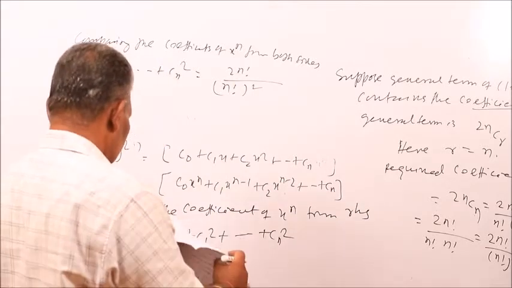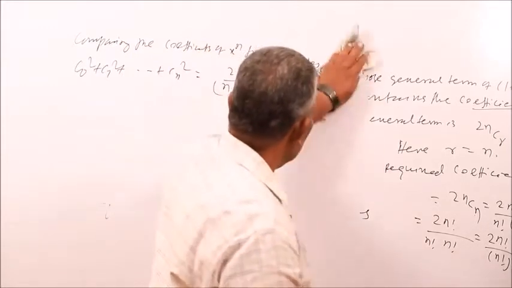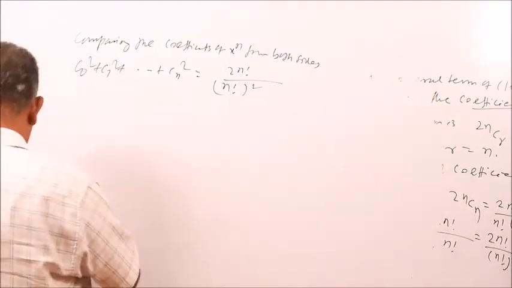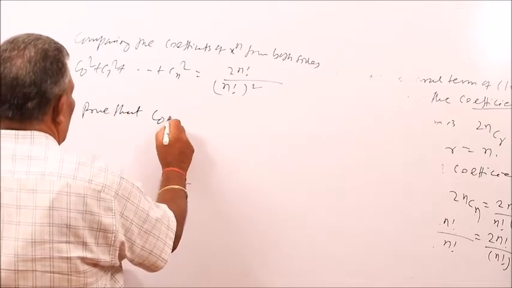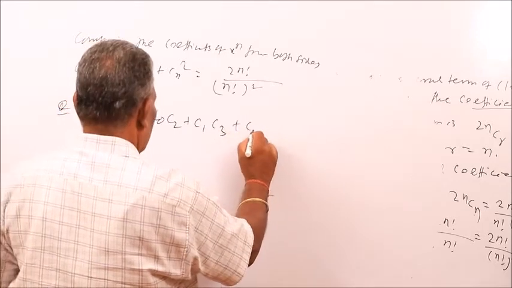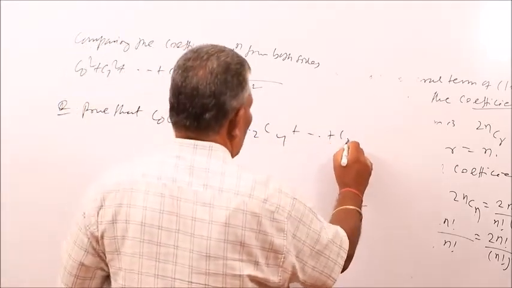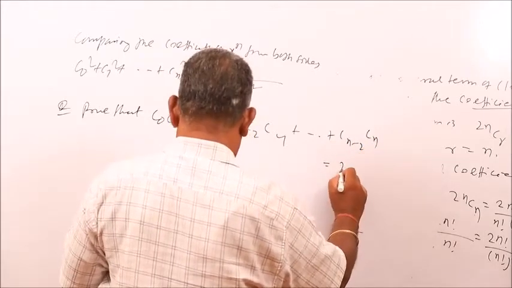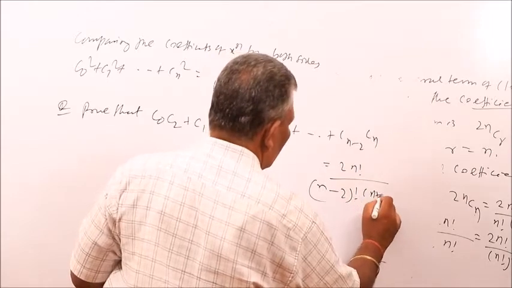Another problem is like this. Prove that C0 C2 plus C1 C3, C2 C4 and so on, Cn minus 2 Cn equals 2n factorial by n minus 2 factorial into n plus 2 factorial.